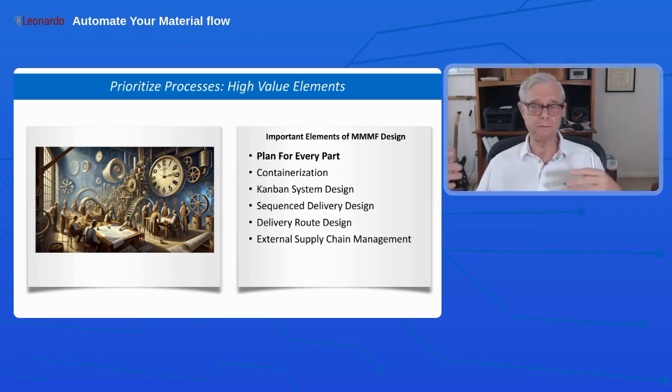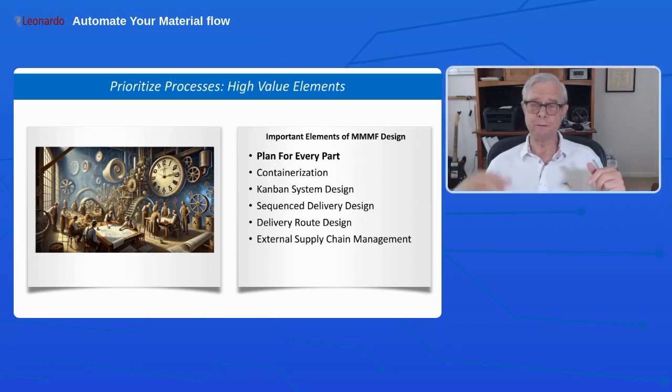Is it some kind of database we set up, like a data warehouse? How do we communicate with our legacy systems? It can be a reasonably challenging project unto itself, but that's really the foundation for a lot of the other things we're going to need to do, like designing a Kanban system, designing a kitting process, doing containerization, automation, et cetera: having a good plan for every part.